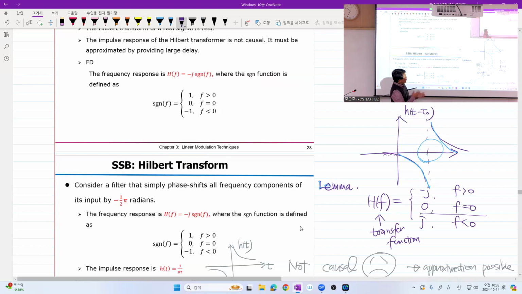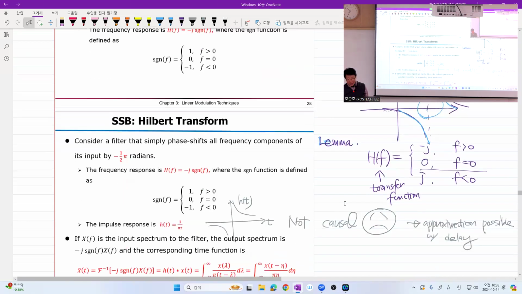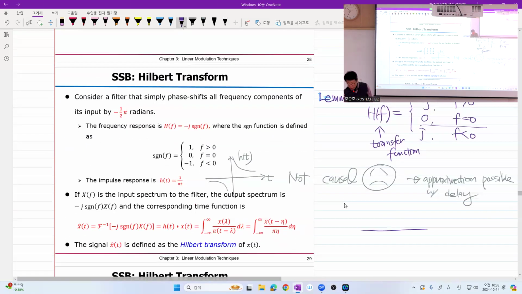Anyway, this is the Fourier transform, and it's not easy to understand. So what we do is visualize it by simply drawing the Hilbert transform's transfer function. The problem is that the value is either negative j, which is pure imaginary, or j. So what we usually do is something like this. This is not true, but usually we draw it this way. It's obviously not true, but for simplicity, we draw it this way.